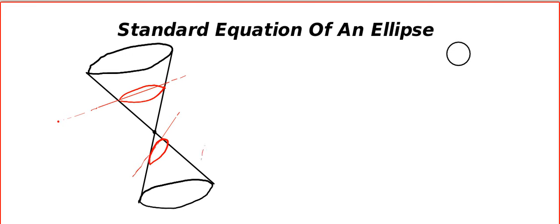And if you cut the cone on this corner, you will get a parabola. And if you cut it like this, you will get something like a parabola, but not quite. That system is not a parabola, by the way; that system is called a hyperbola.